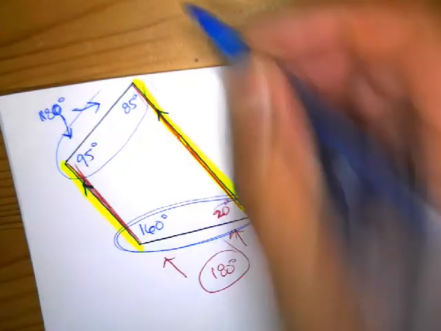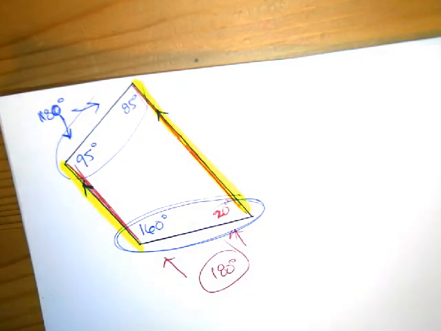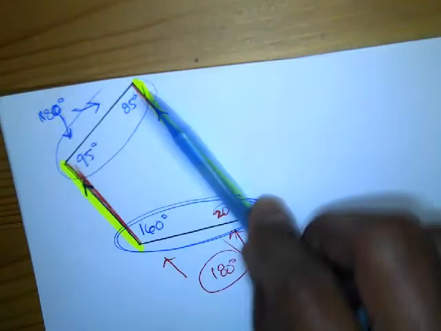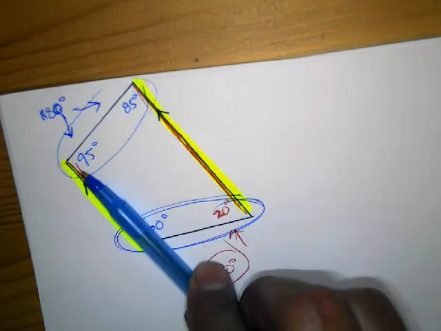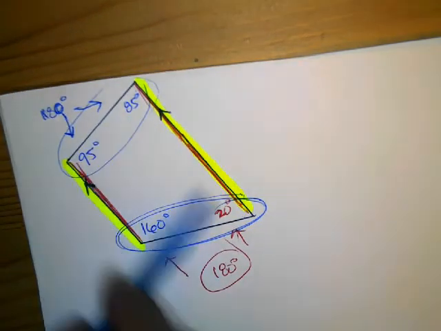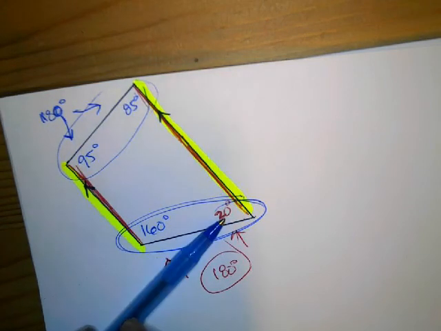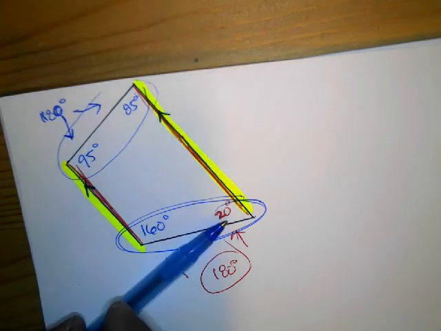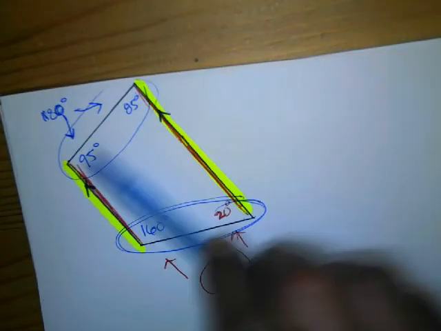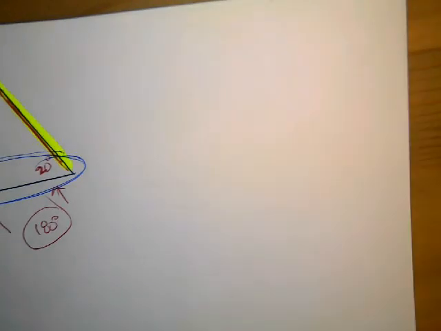But again, because the parallel lines are this way, then these two angles will also add up to 180. But you add it up this way. The parallel lines are this way. They're not this way. See, if I add 85 and 20, that's not going to be 180, because it doesn't go this way. It goes this way.